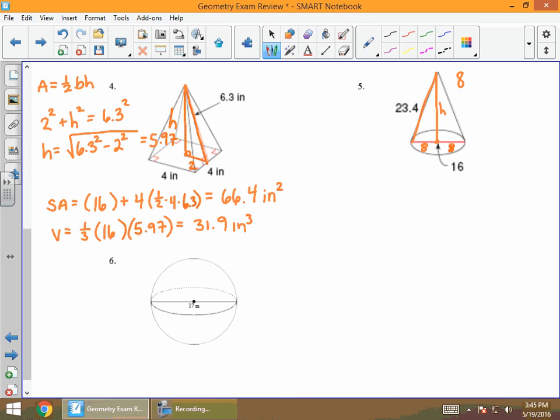So 8 squared plus h squared equals 23.4 squared. So h is the square root of 23.4 squared minus 8 squared. So this height is going to be roughly 21.99, so almost 22 is that height.